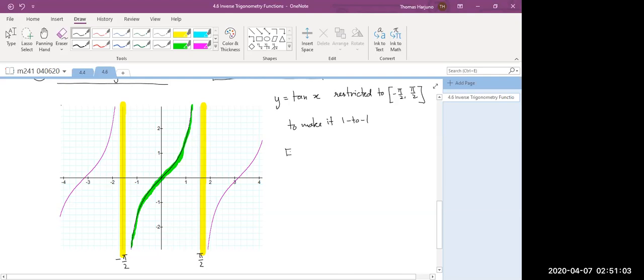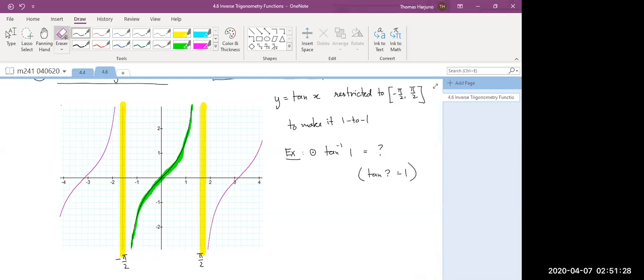For example, think about this: what is tangent inverse of 1? I don't need parentheses, but I can. What is tangent inverse of 1? Now, the way you think is: tangent of what angle equals 1? 2 pi?